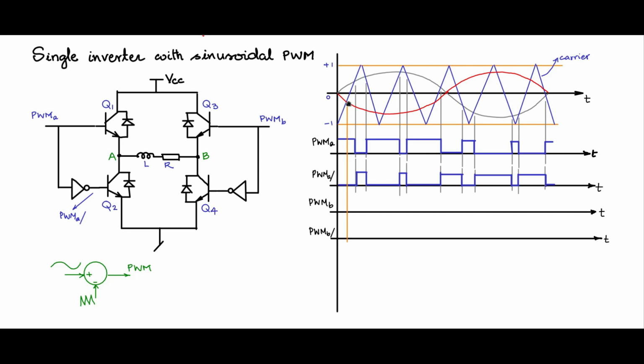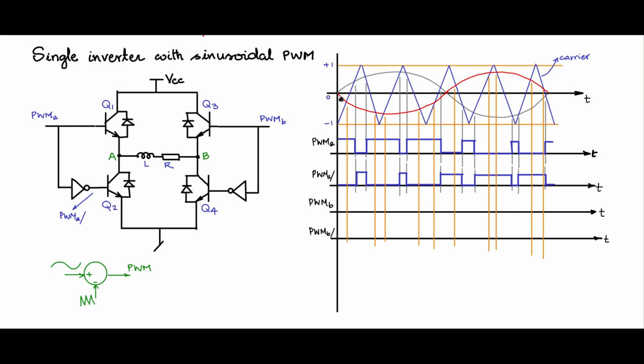So let me mark the critical time points. There is a critical time point here with the red waveform, the 180 degrees phase shifted waveform. There is another critical point here, and so on. You mark the points of intersection. Now after having marked the points of intersection, use the same logic as here.